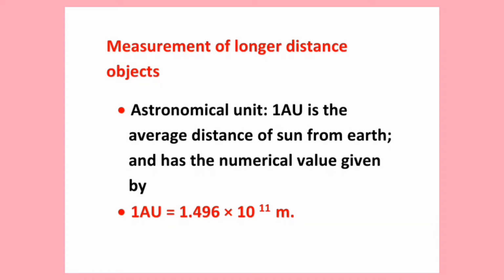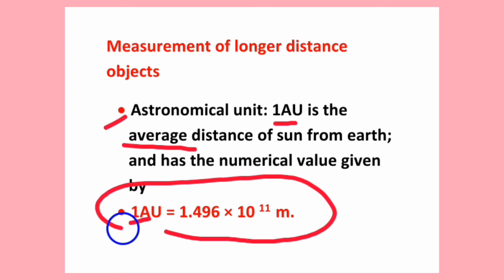Okay, let us now move to the measurement of longer distances. First, the astronomical unit. 1 AU, that is astronomical unit, is the average distance of the sun from the earth and has the numerical value 1 AU equal to 1.496 into 10 to the power of 11 meter.